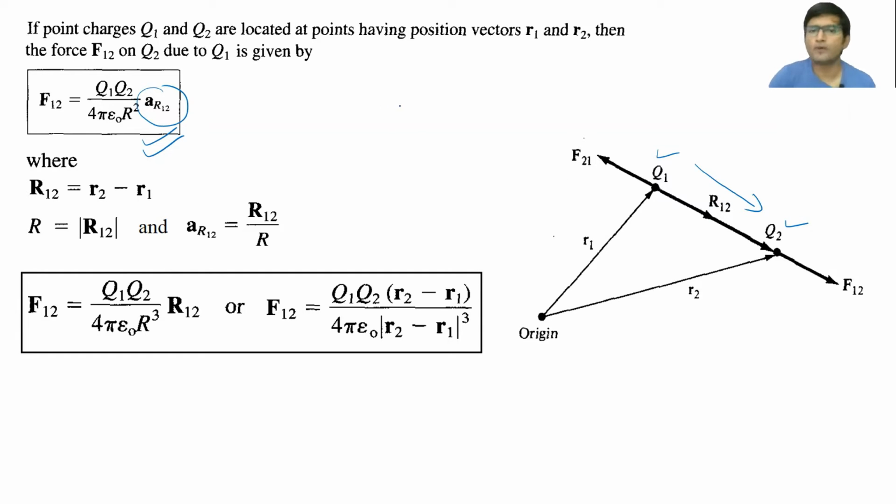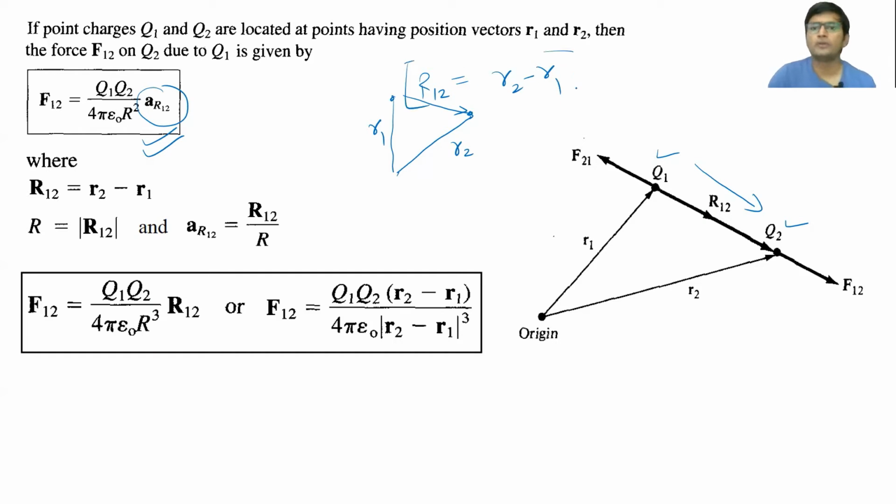You have already studied that if one point is represented by a vector r2 and the other point by the vector r1, then the vector, suppose I call it r12, will be given by the difference r2 minus r1, right?